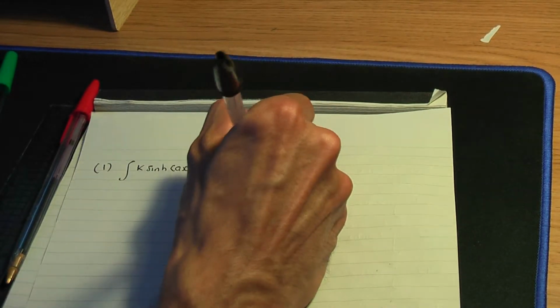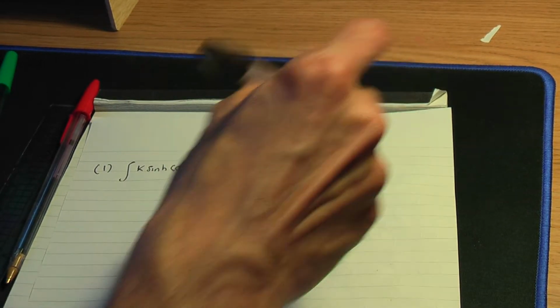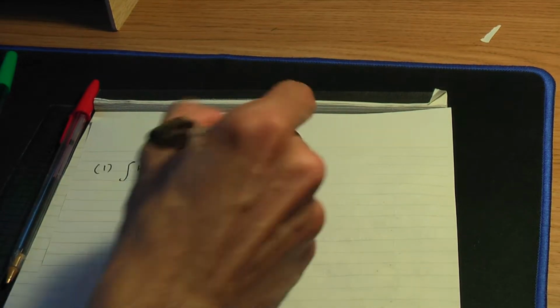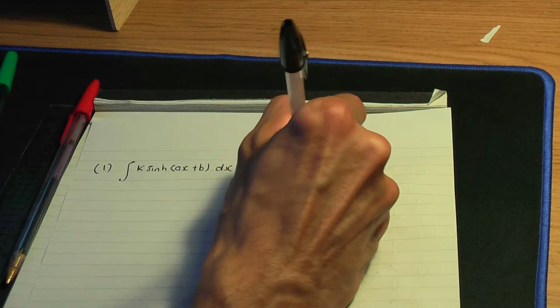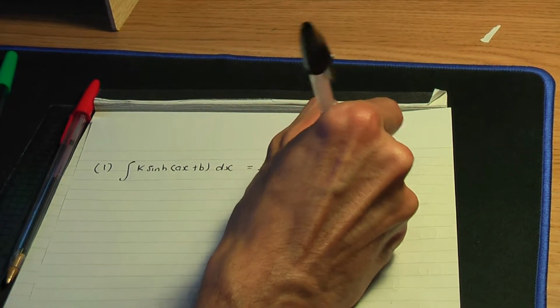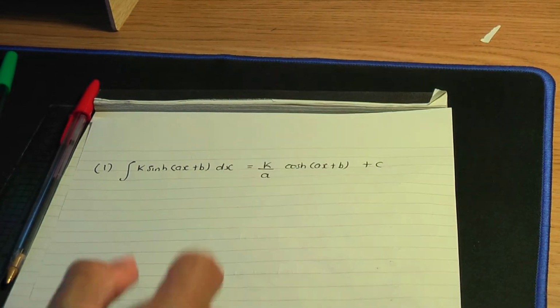So whenever you integrate k, so k is a constant, hyperbolic sine ax plus b, so k, a and b are all constants, you should have k divided by the number in front of x, which is a, hyperbolic cos ax plus b plus a constant of integration.